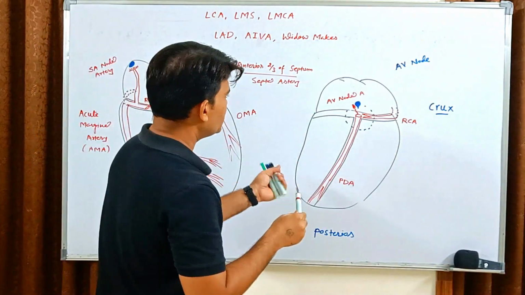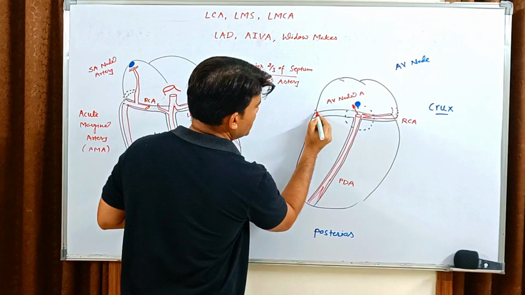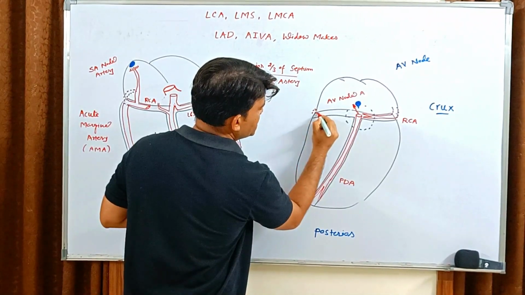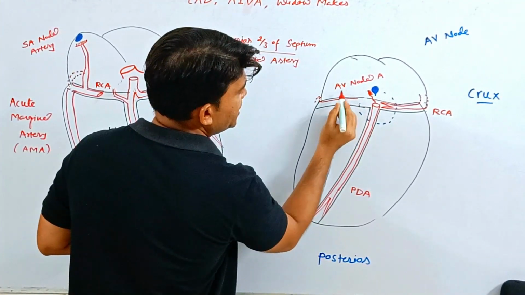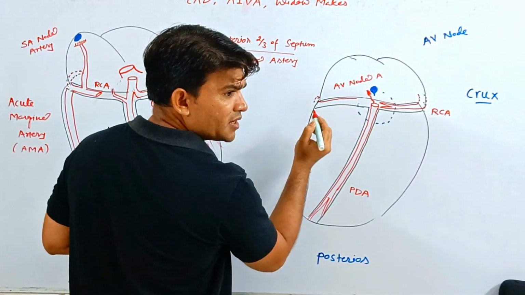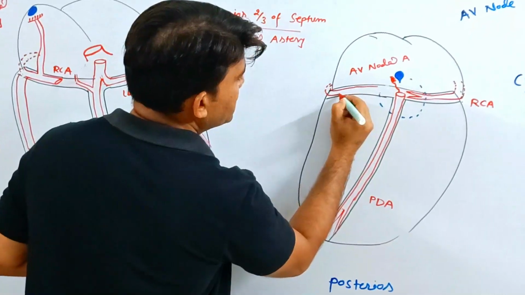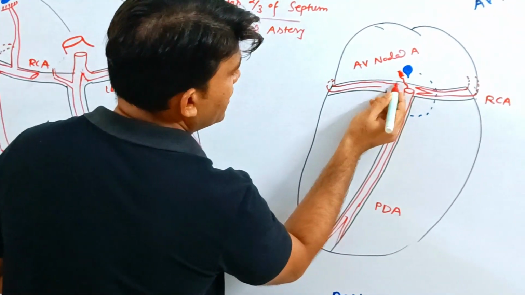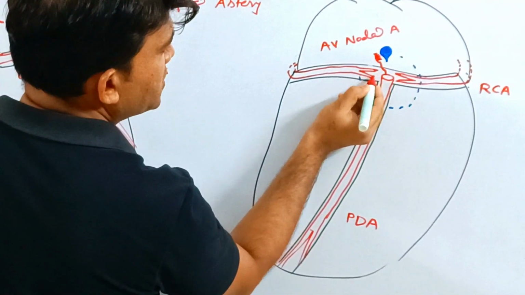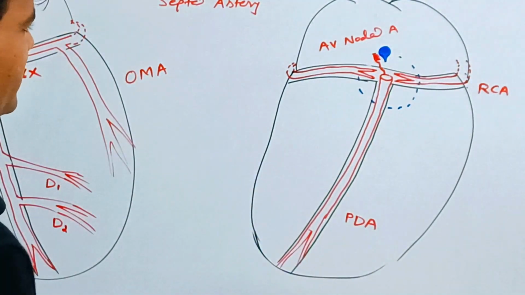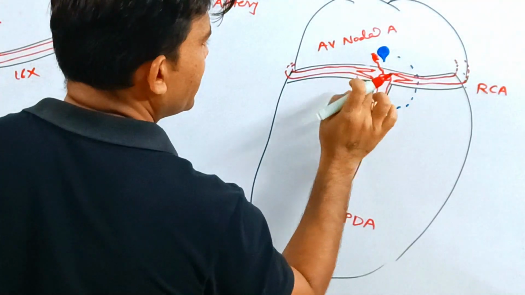LCX. So LCX is running in the posterior atrioventricular sulcus. The diagram is somewhat messed up, but that's fine, we can understand.